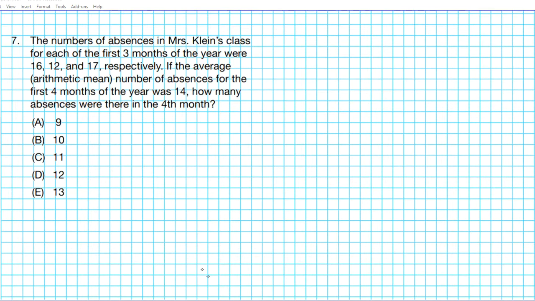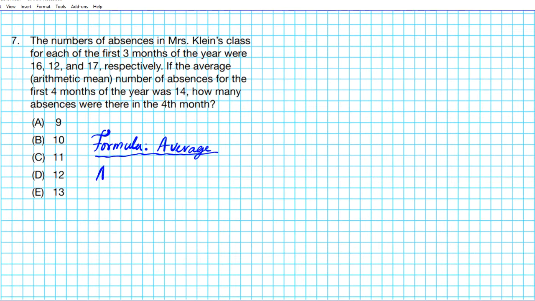Okay, so let's get started by writing down the formula for computing the average of a set of numbers. So the formula for average is as follows.